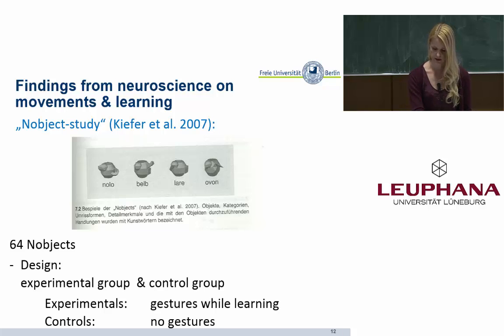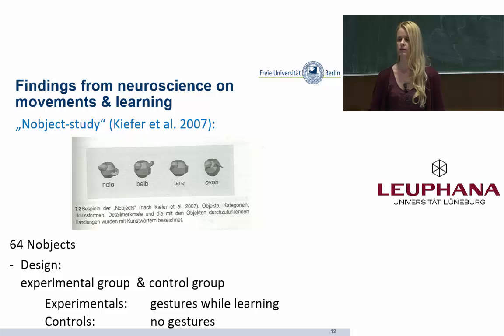So the colleagues from Ulm worked within a so-called experimental control design and had an experimental group that learned the objects' names together with corresponding gestures. With NOLO, for example, they might have pretended to hold the object and pull on the grip.